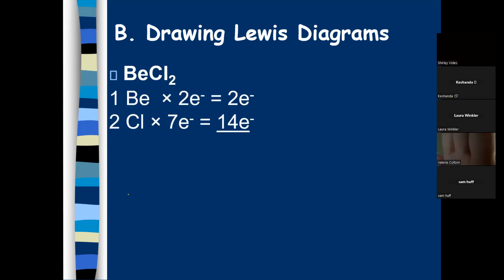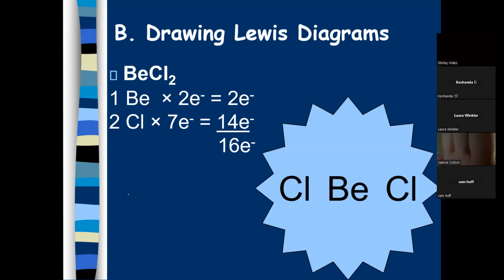All right, let's see what's next. All right, who wants to do this one? Just kind of call it out. This one's easy. Is that linear? Correct. Because you can see it's an AB2, right? A central atom with 2 bonds. Correct. Linear.